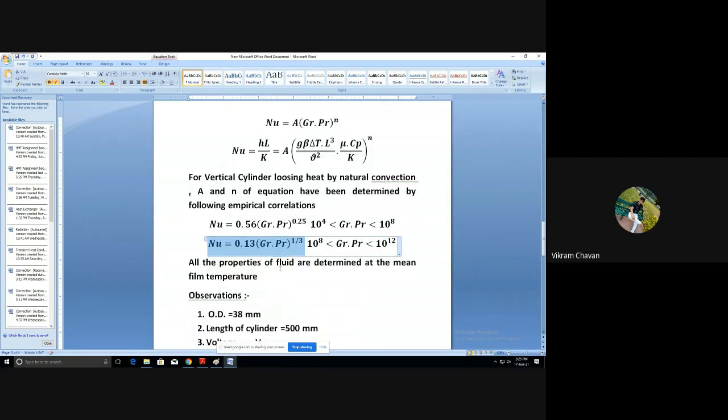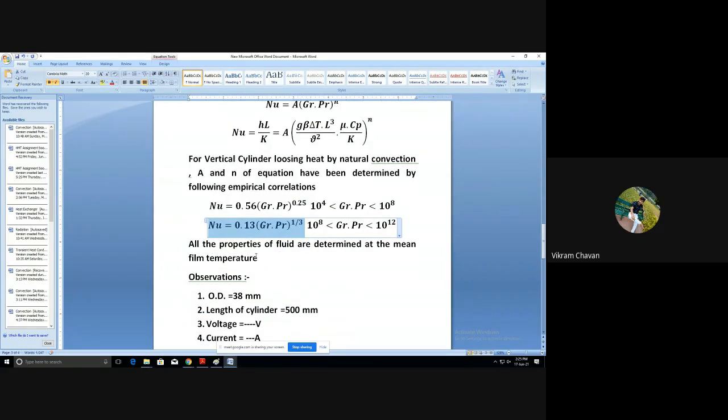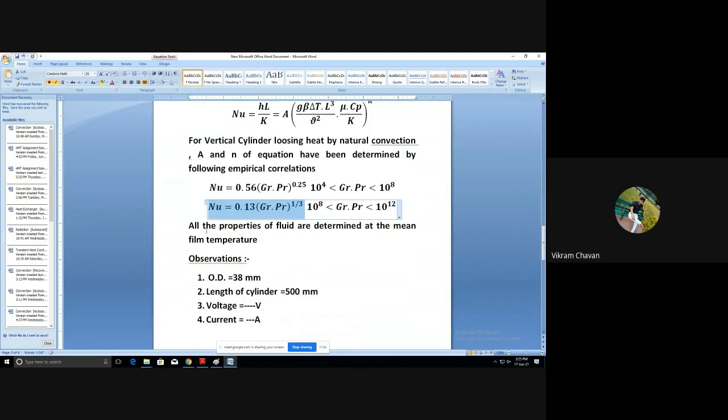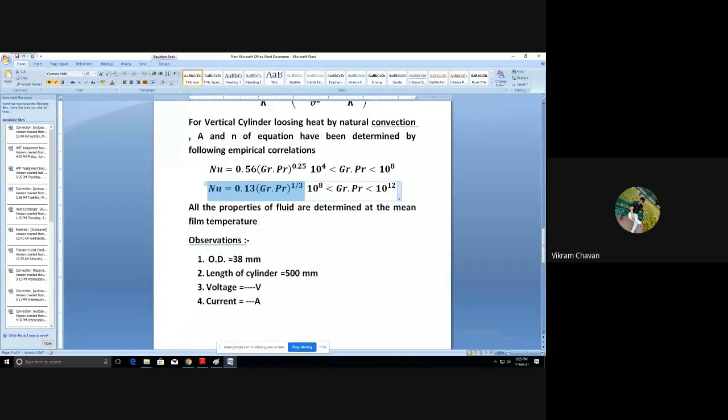Okay, so you require some observations, and by using one of the empirical correlations, you will get the heat transfer coefficient. First is the outer diameter of that particular tube or vertical hollow cylinder, which is equal to 38 mm. Then the length of the cylinder, which is equal to 500 mm.